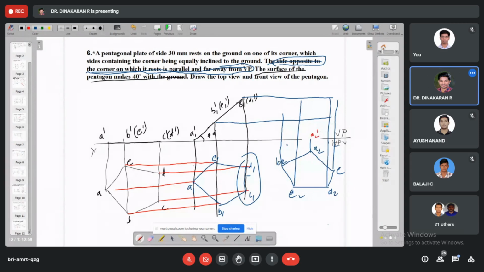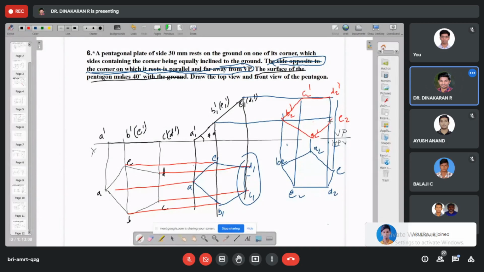A2 dash, this B2 dash, C2 dash, D2 dash, D. Then finally I'm connecting all the points. This is the final question.